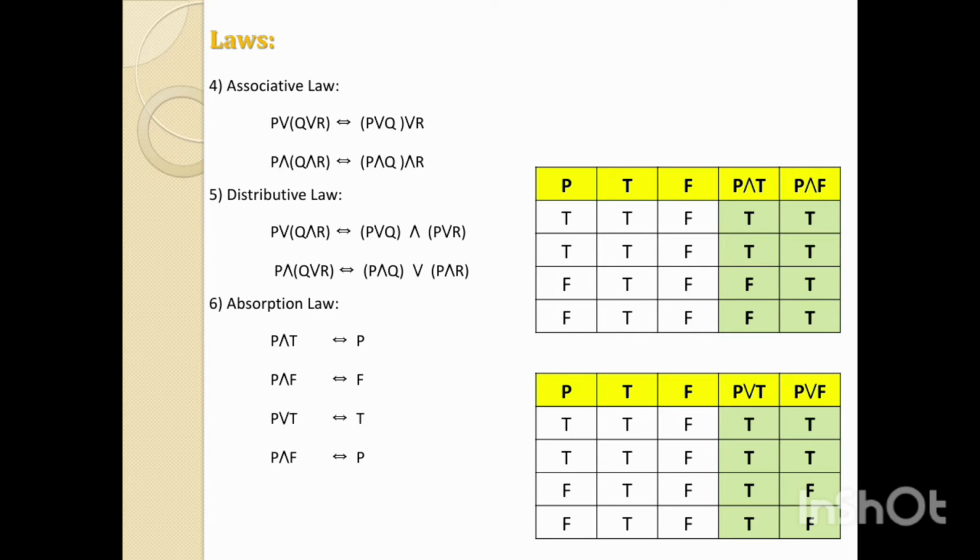If we look at P and T, then all the values are equivalent to P. P and F, then it has all the values false. P or T has all the values true, and P or F, then these values are equivalent to P.